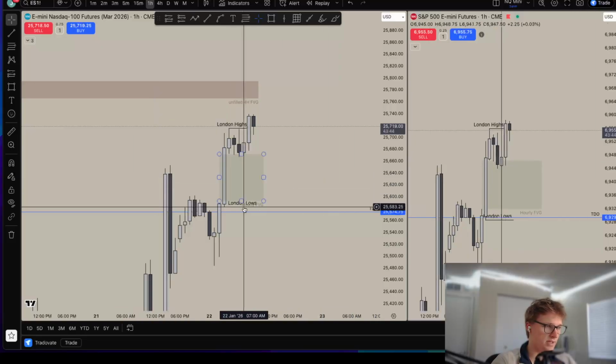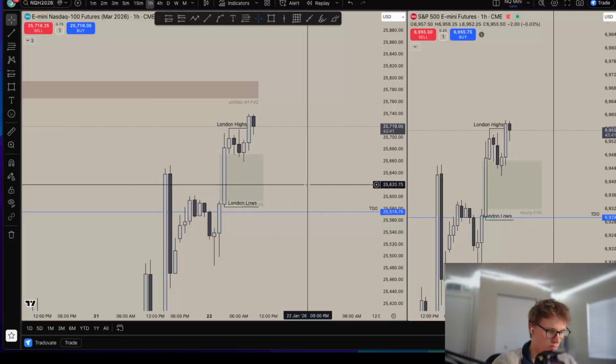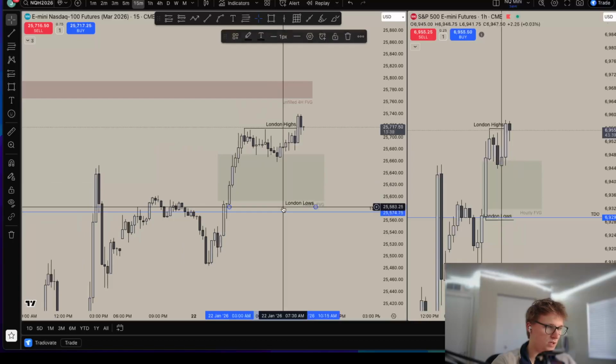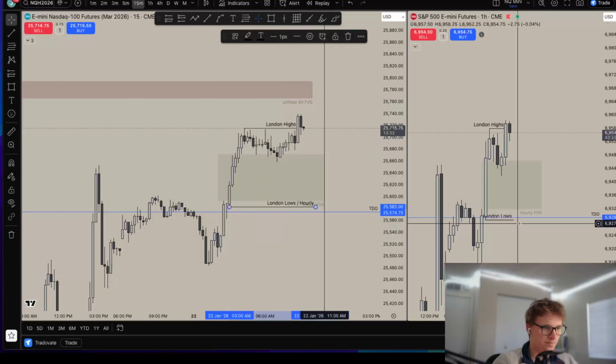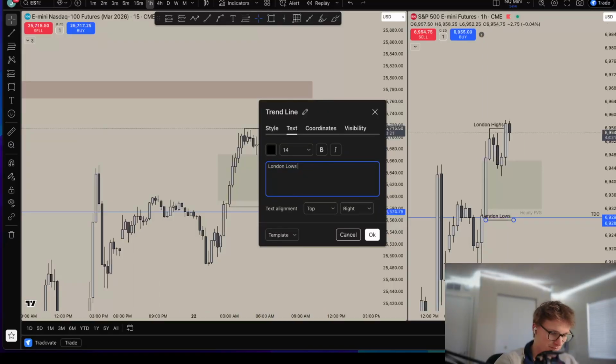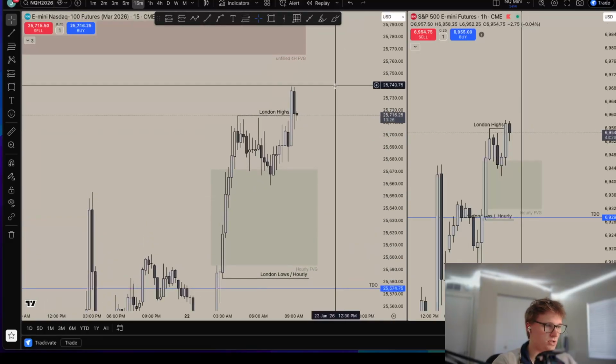All right, so we have this hourly gap. London lows is also going to be an unfilled hourly. London lows is also going to be an hourly right there.